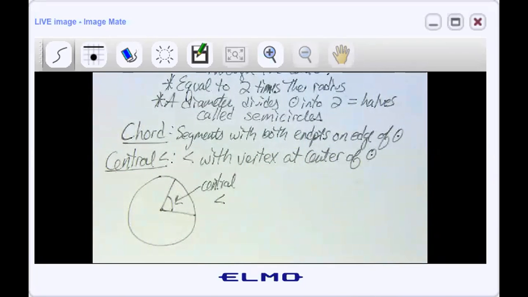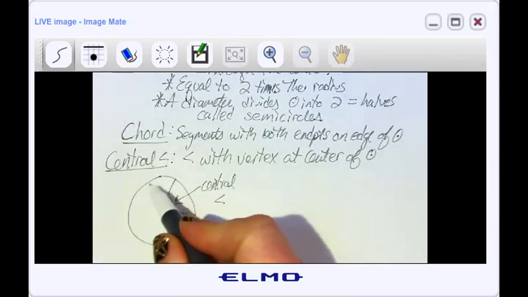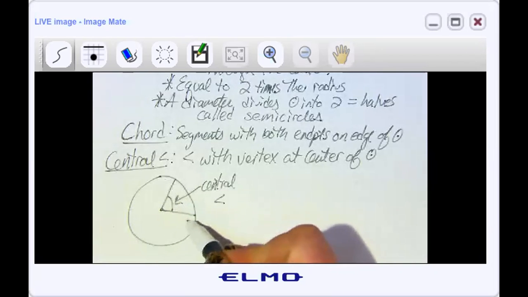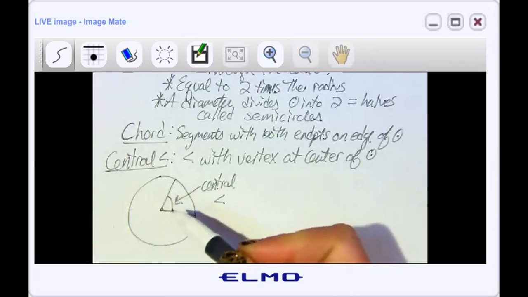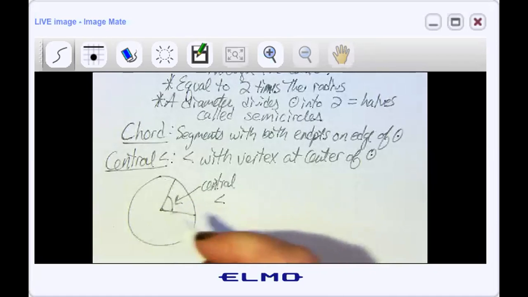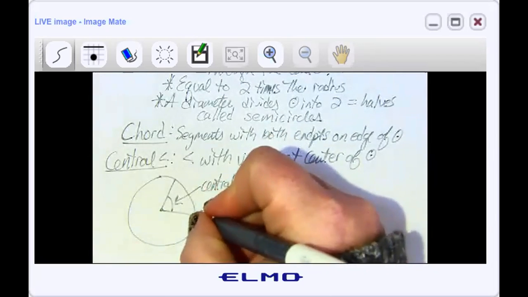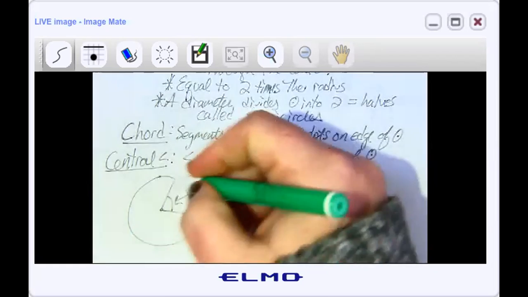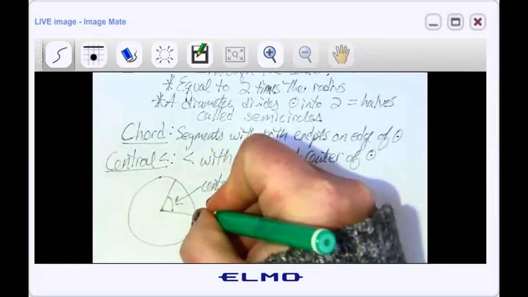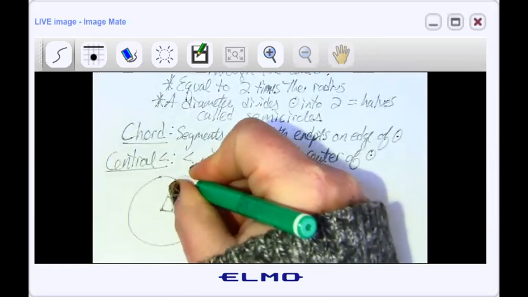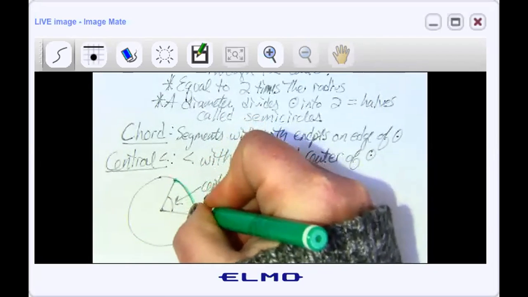Now, here's what else is cool about central angles. In a full circle, if you go all the way around, how many degrees is that? 360, exactly. So to find the measure of a central angle, see how each central angle has a part of the circle on the inside of the angle.